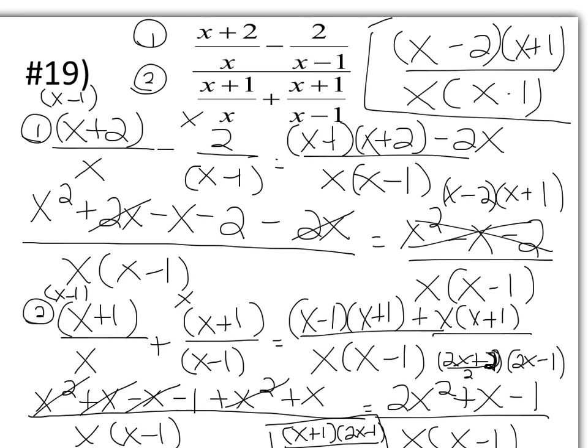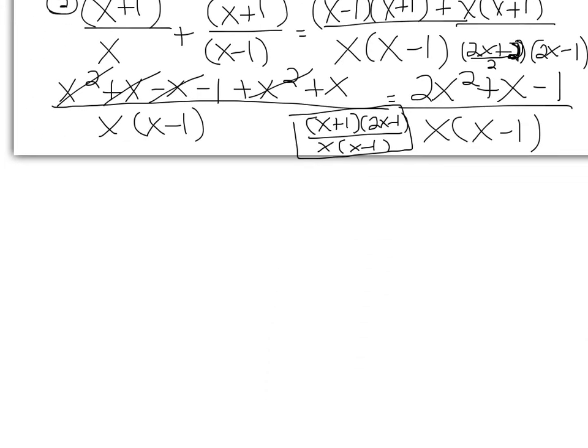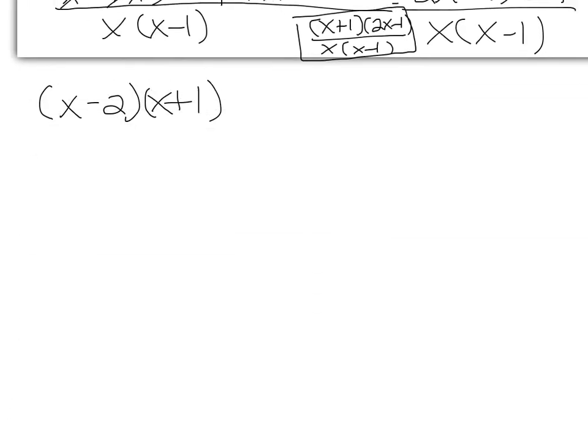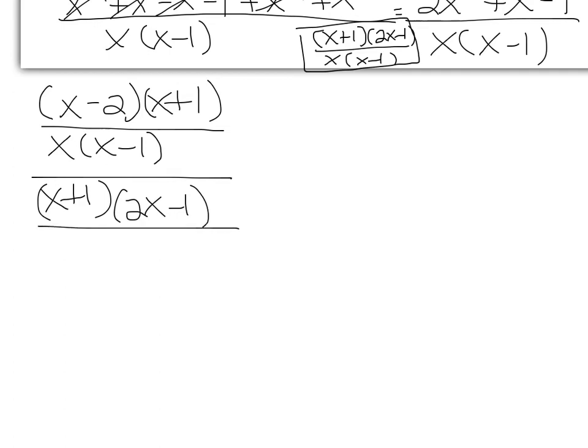Okay, so let's see, your old denominator is x minus 2 times x plus 1. So it's x minus 2 times x plus 1 all over x times x minus 1, and then over x plus 1 times 2x minus 1 all over x times x minus 1.